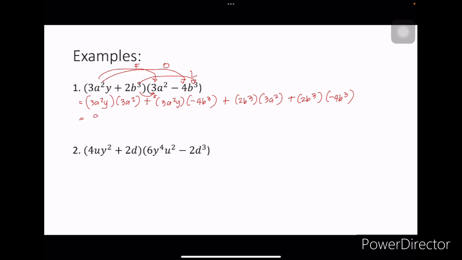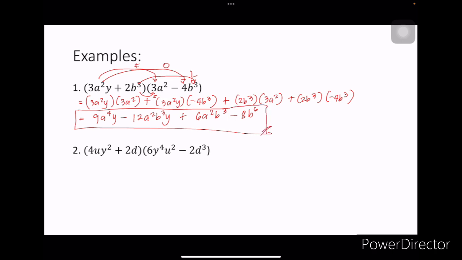So you have 9a to the 4th y, plus, since it's minus, minus 12 a squared b cubed y, plus 6 a squared b cubed, plus, negative 8, so that's minus 8 b raised to 6. So now I think we cannot simplify or combine like terms since there are no like terms. So this is the final answer.